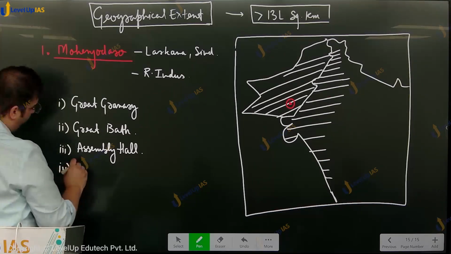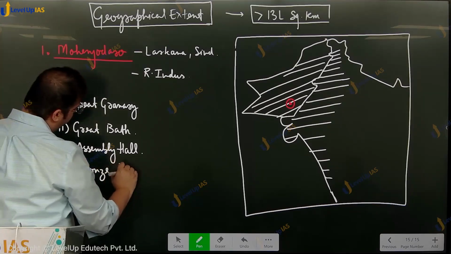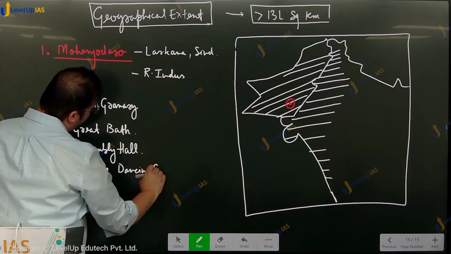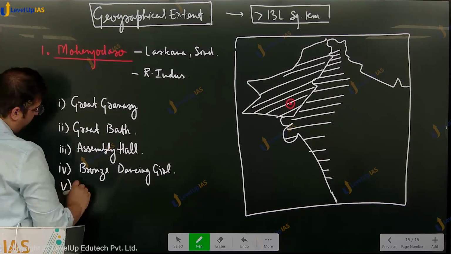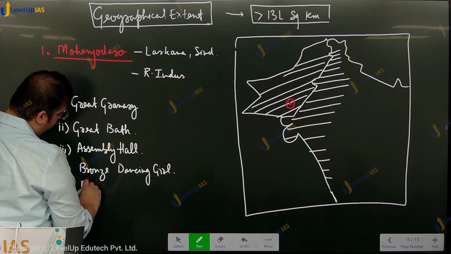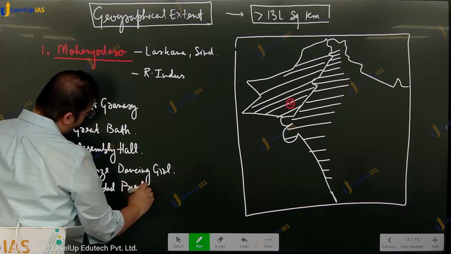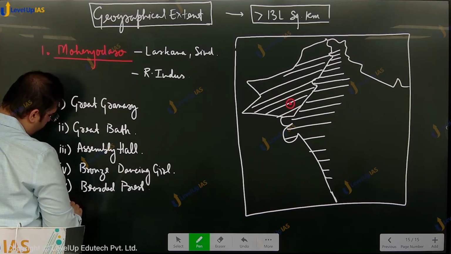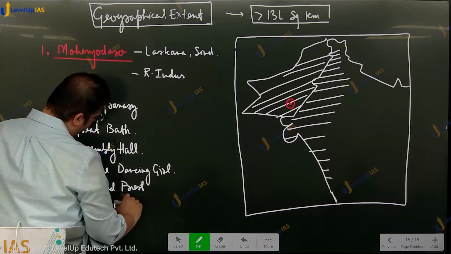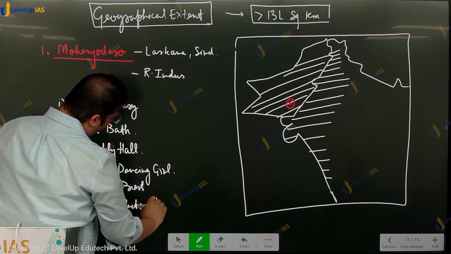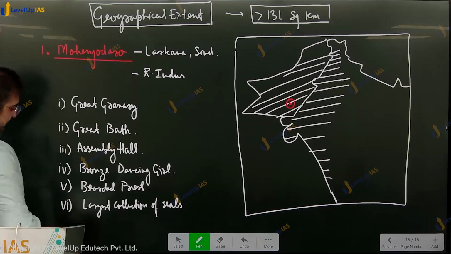Fourthly, the bronze figurine of a dancing girl. Then a stone bust of a bearded priest. Then the largest collection of seals ever to have been discovered from the Harappan civilization.